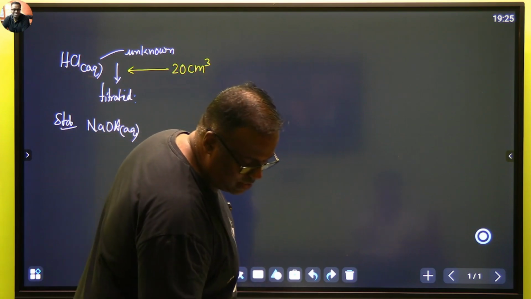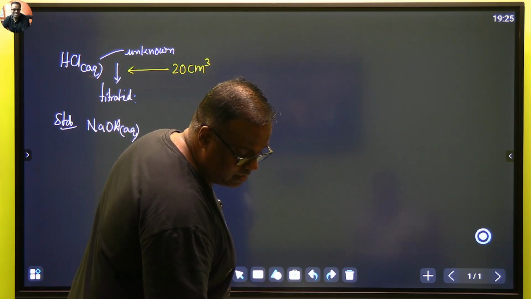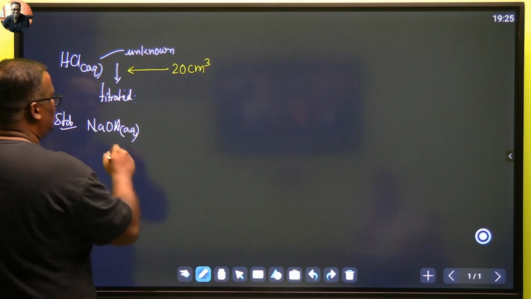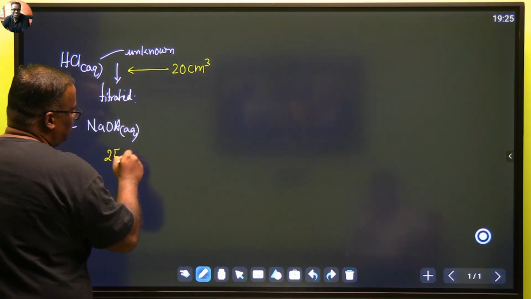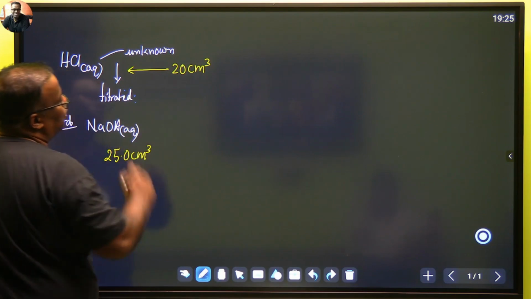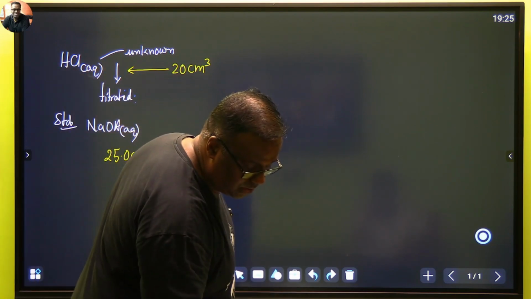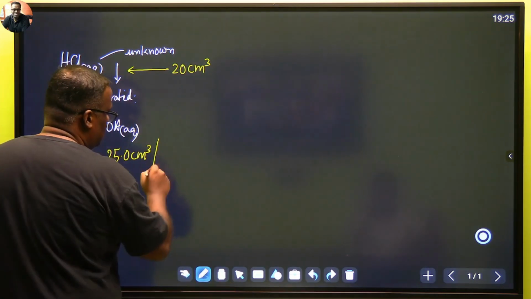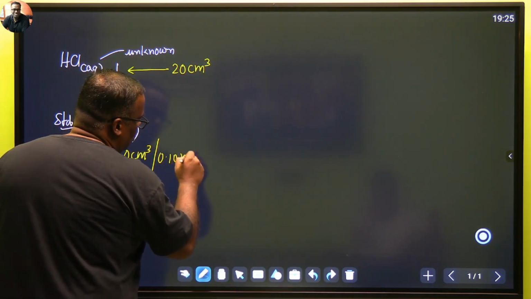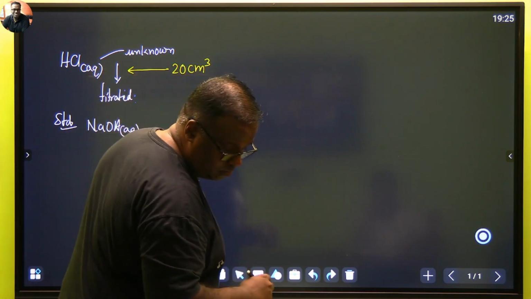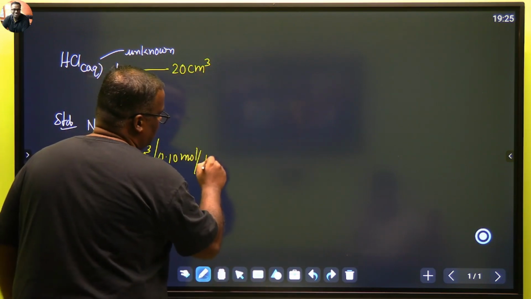See, 20 centimeter cube of acid neutralized 25.0 centimeter cube of 0.10 mole per dm cube NaOH solution.